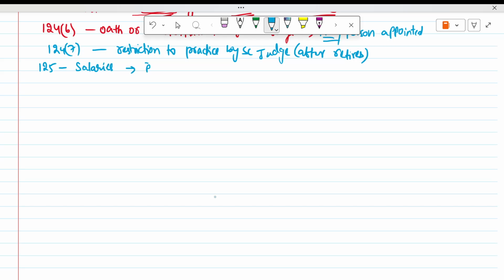Salaries are decided by Parliament, or until Parliament decides, as per the Second Schedule. And also you cannot reduce salary to their disadvantage.